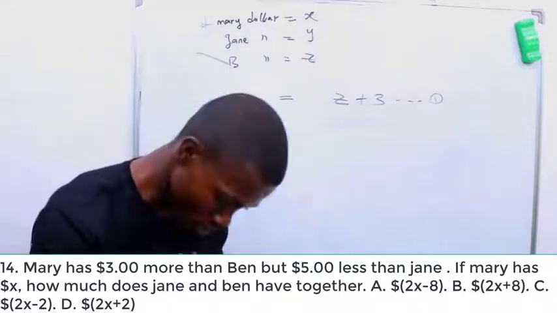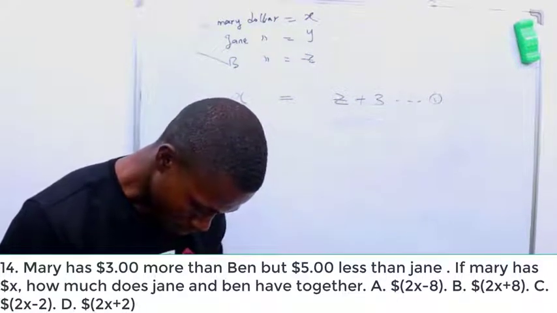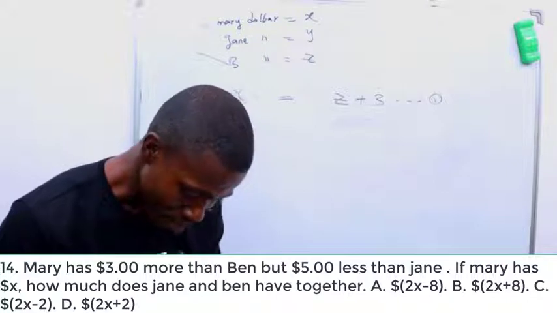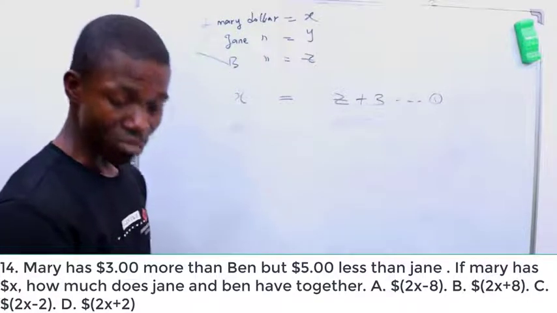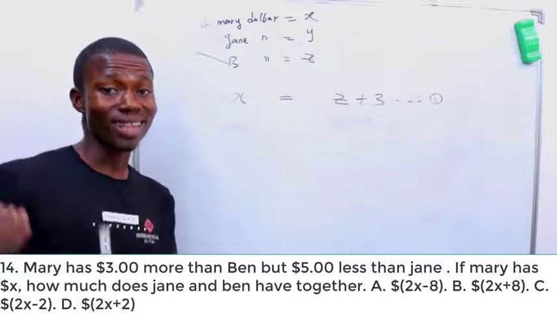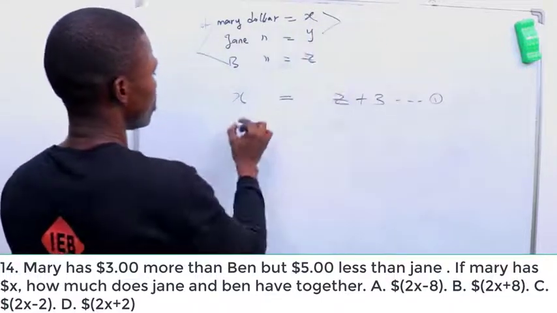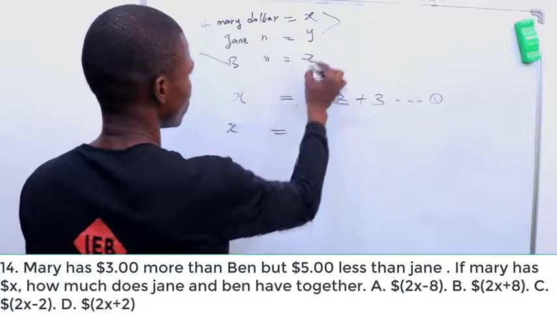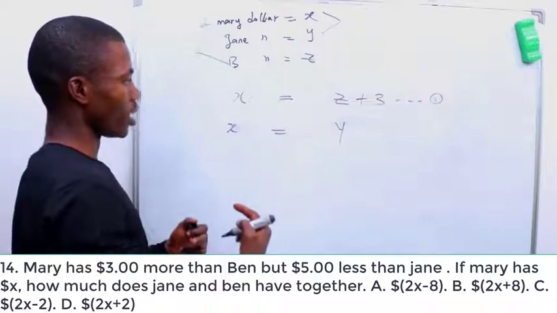Coming back to the second relationship, they want to relate Mary and Jane now. Mary has $5 less than Jane.